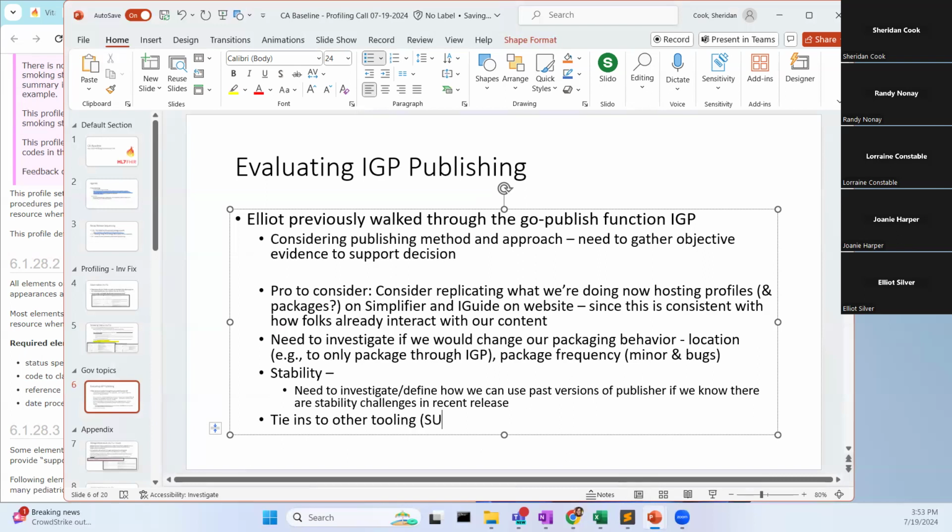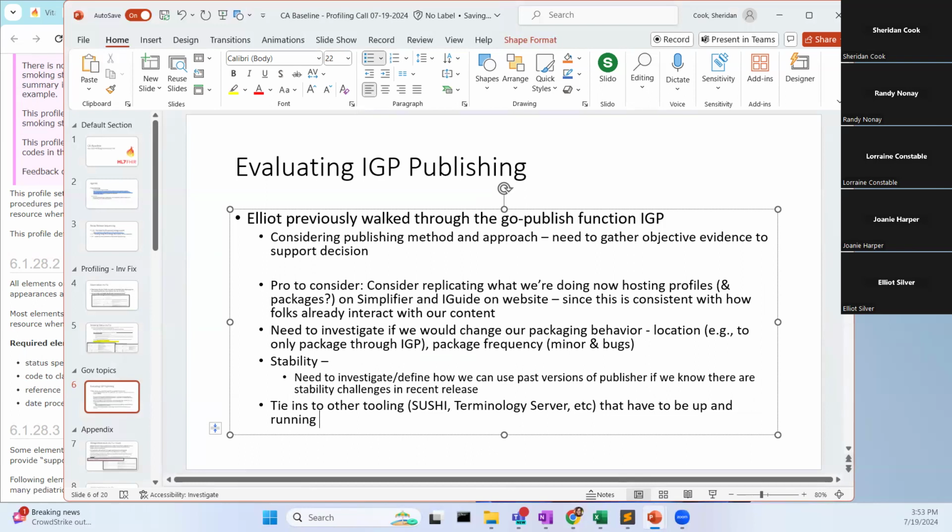But there are a couple of other things that all have to be up and running and all have to be on compatible versions in order for it to work. So just pinning the IG publisher dependency doesn't do it. Yeah, dependency management is not trivial.